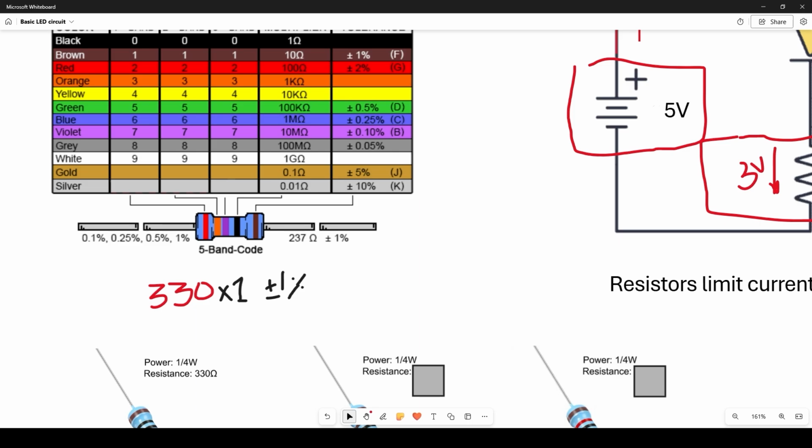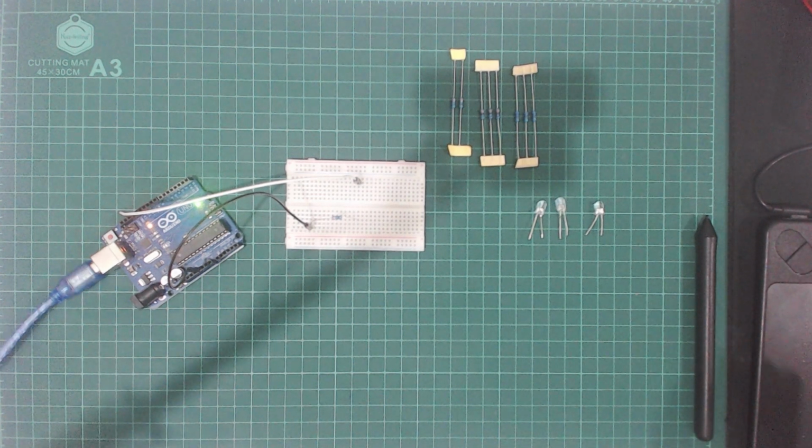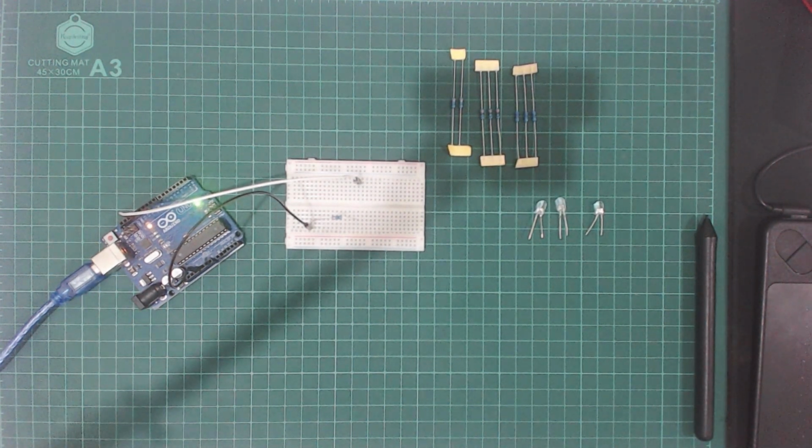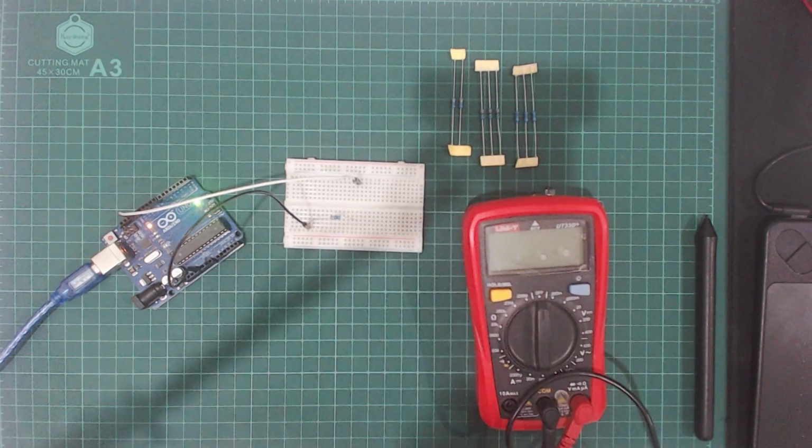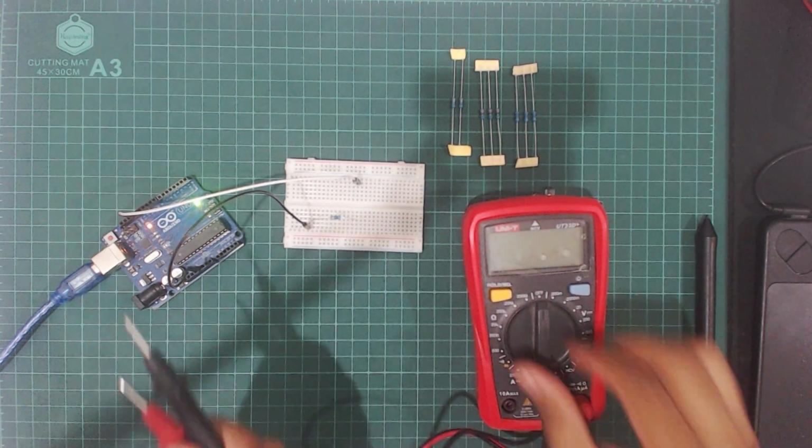Now that we're done doing the calculation, let's find out what the actual resistance was. I have a multimeter right here. I'm going to use the multimeter to find out the resistance of our resistor.